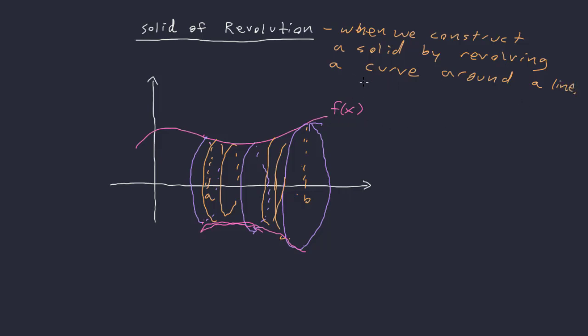And in this case, around the x-axis. So at each x, we have our slice is a circle, and it's a circle with radius.